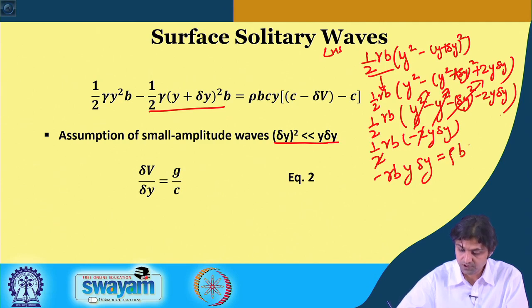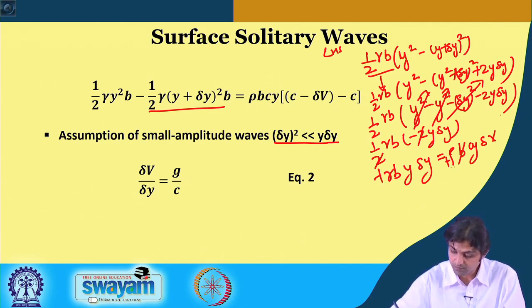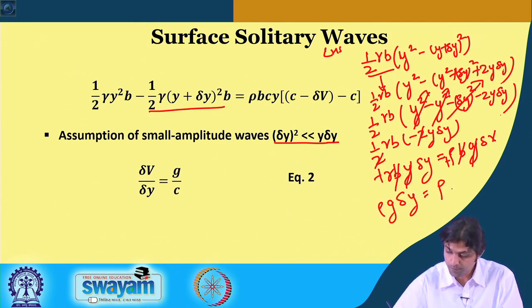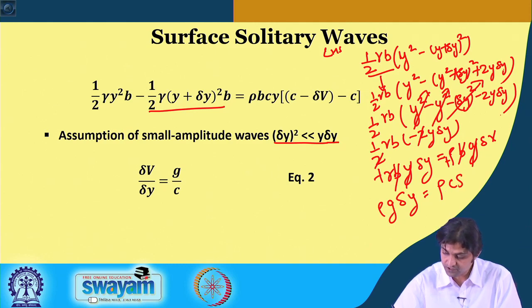On the right, rho b c y, and c cancels, and this becomes minus delta v. The minus signs cancel, b and b cancel, and y cancels. Gamma is rho g, so we can write rho g delta y is equal to rho c delta v.